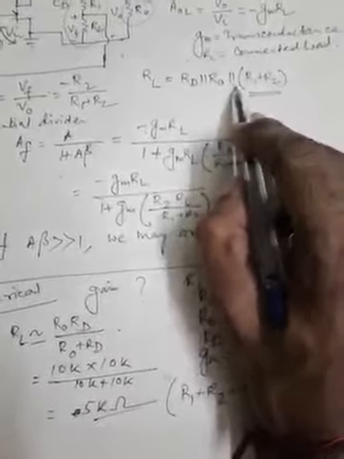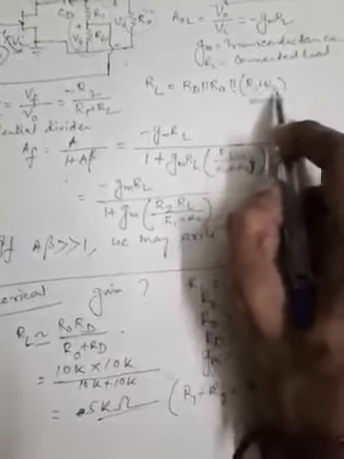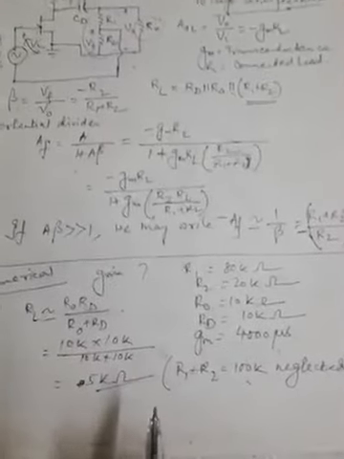So we have neglected the R1 plus R2, this series connected resistances, because that value is 100K, and 5 kilo ohm parallel with 100 kilo ohm will result very less amount of current to be flown through this 100 kilo ohm. So the consideration of 100 kilo ohm in the overall load resistance calculation is immaterial.